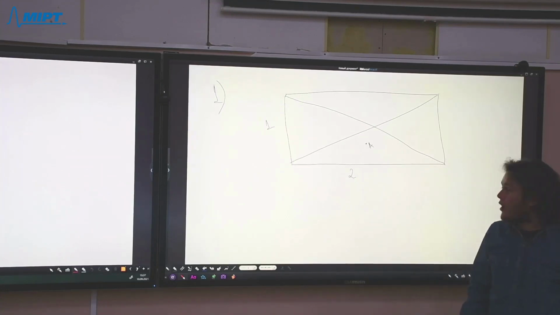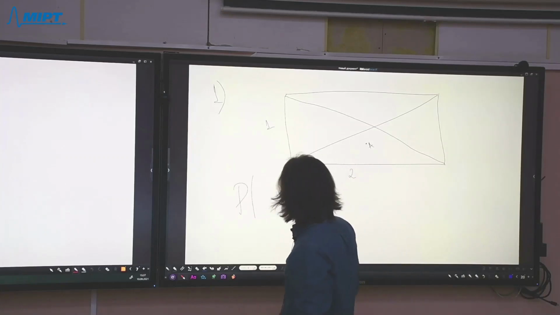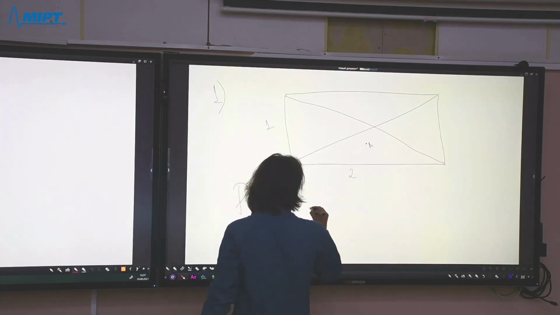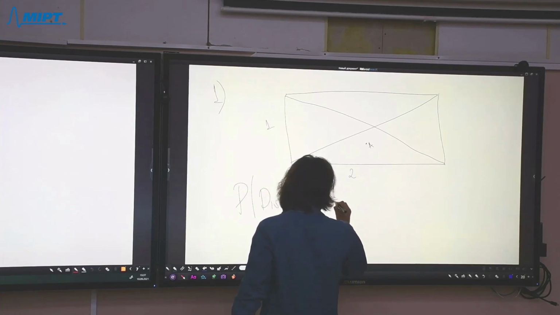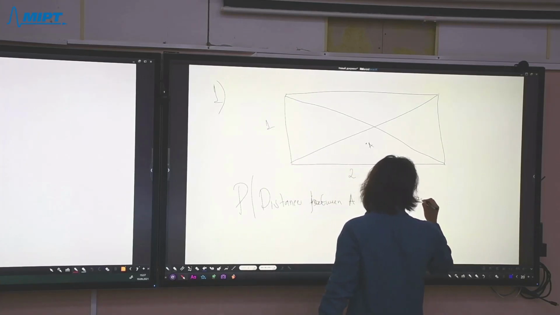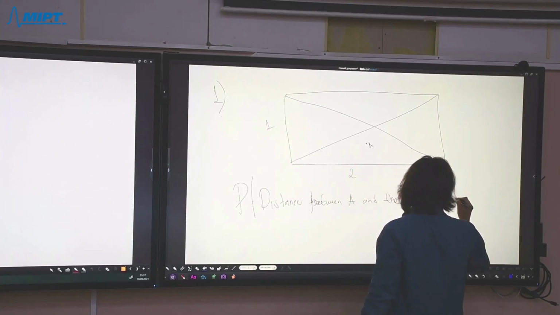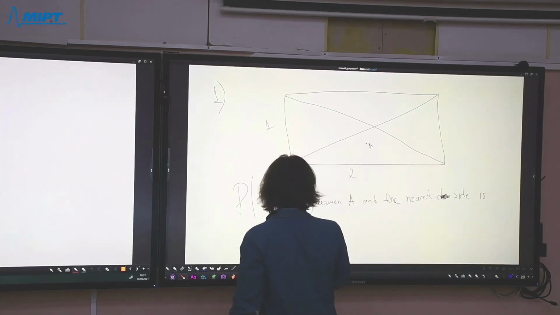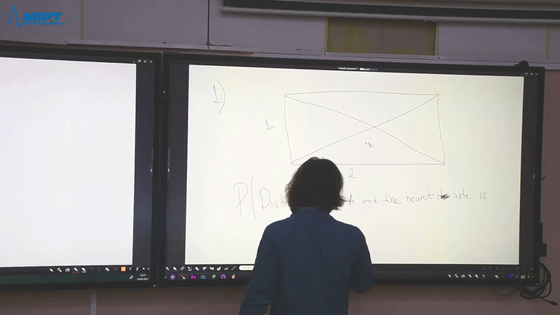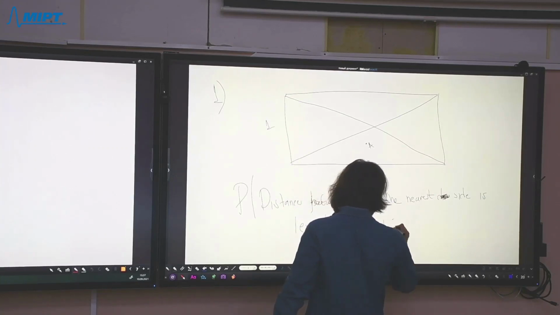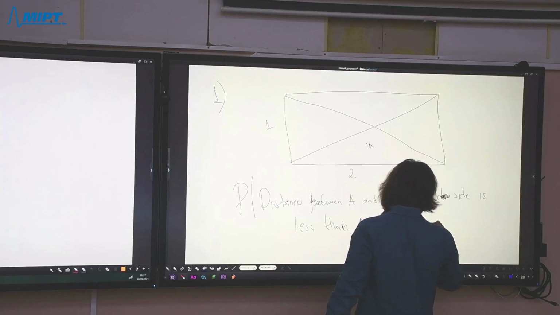And we have to find the probability that the distance between A and the nearest side is less than the distance between A and the nearest diagonal.